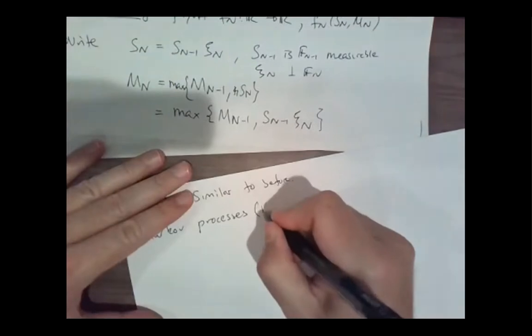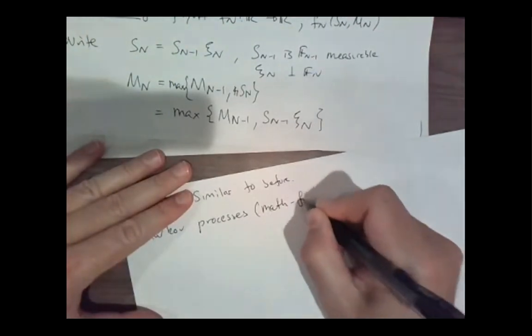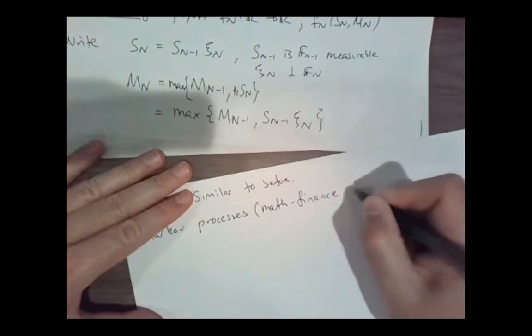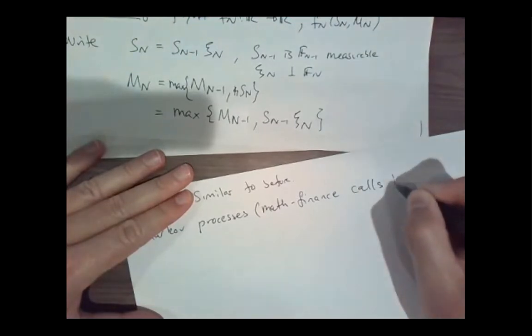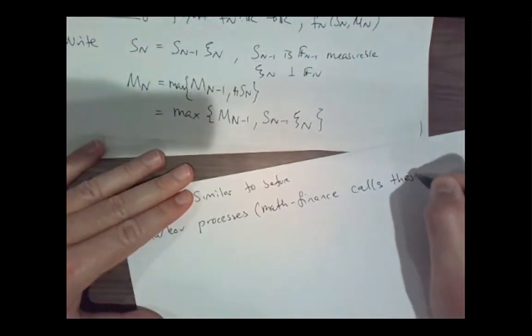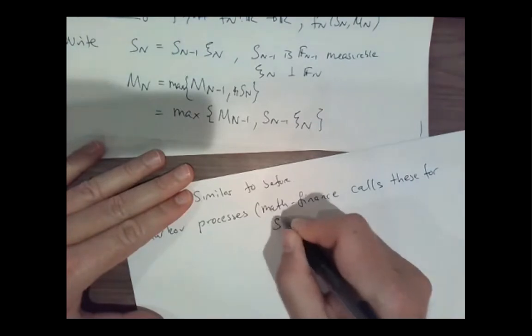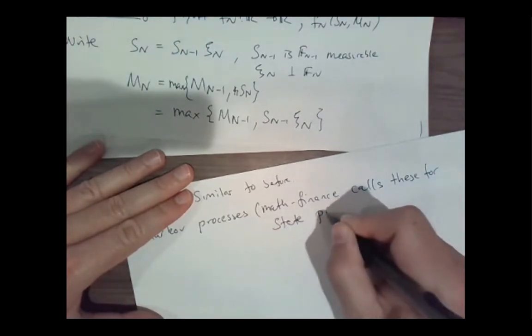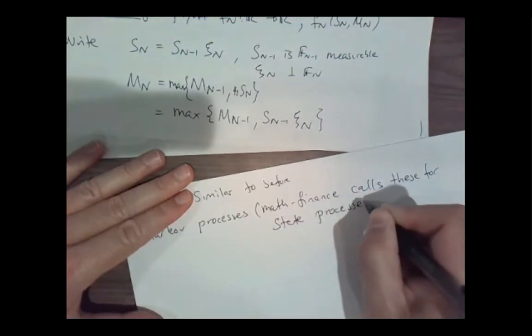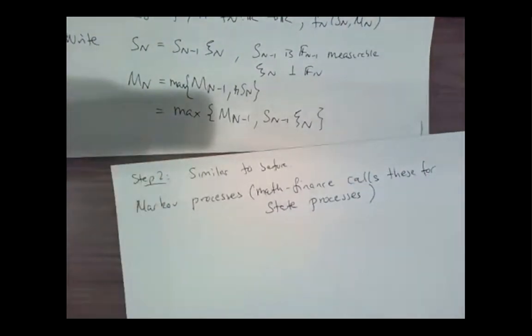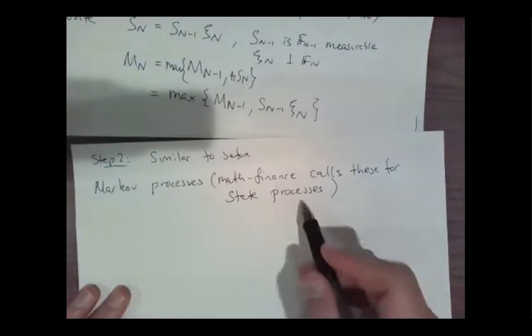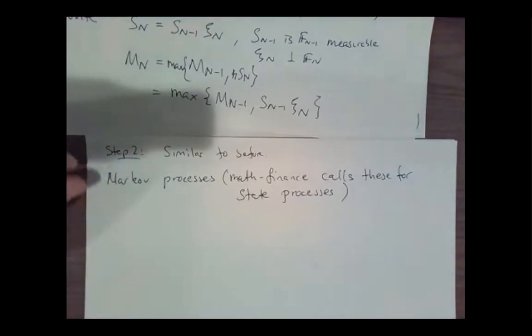Math finance folks call these state processes, so you'll see the words state processes in many places. Probabilists call them Markov processes.